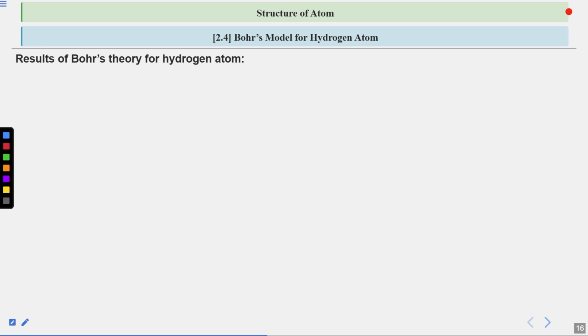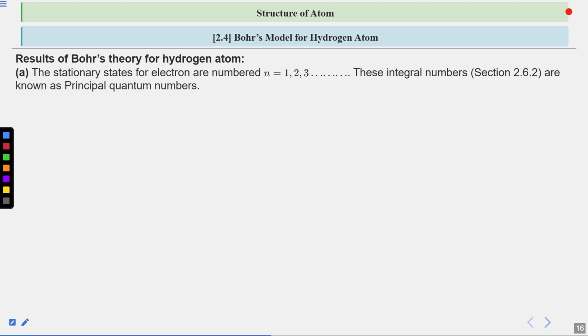So what we can say about Bohr's theory is that, upon taking those assumptions, he arrived at some results. So first is the stationary states that we are talking about, they will have a value of 1, 2, 3 and so on. Now these are integer numbers and they are known as the principal quantum number.